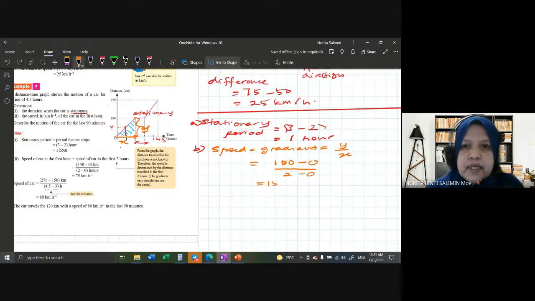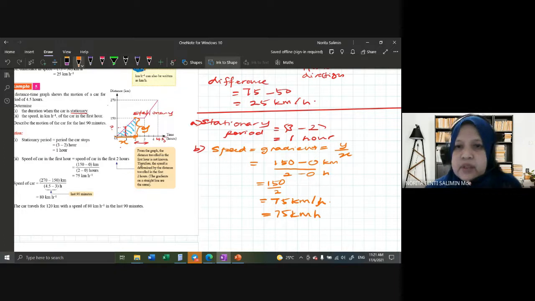So the speed now is 150 divided by 2, which is 75 kilometers per hour. Per hour means hour to the power of negative 1, so the unit is kilometer per hour, written with hour to the power of negative 1, because it is the power below. Can you understand, Leong?